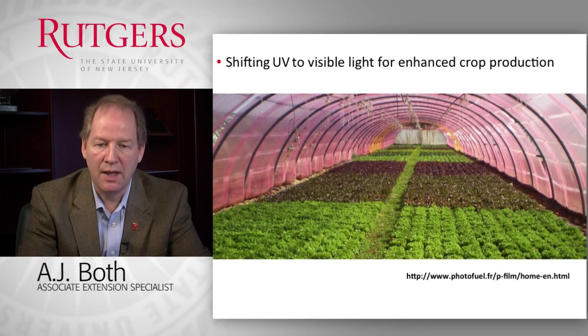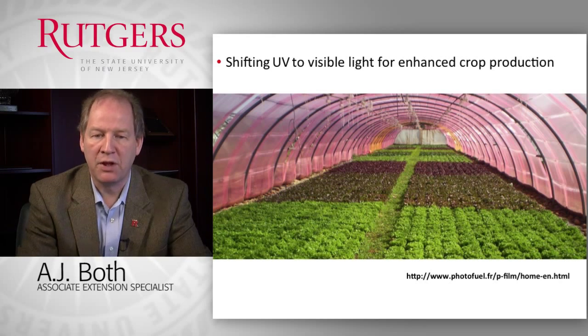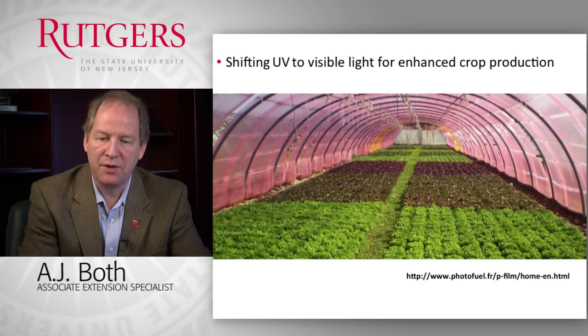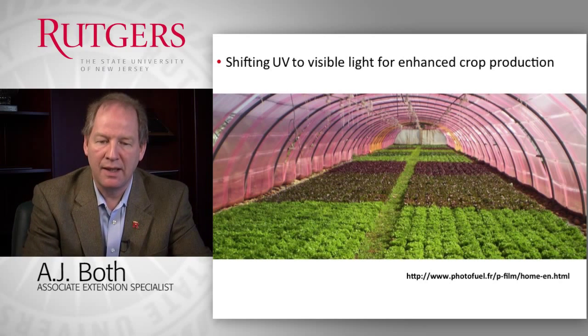Along those lines, and a lot more low-tech, is also a new development, and I believe is only available in Europe at this moment: plastic film that is developed with particular constituents that shift some of the light in the solar spectrum, particularly in this case UV radiation, from the UV component into the visible component.